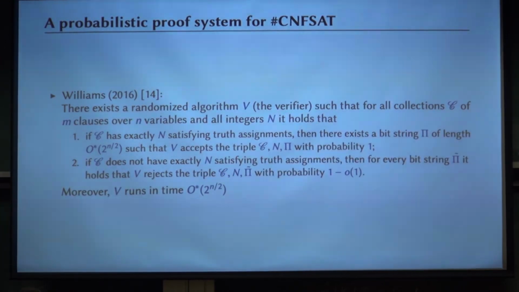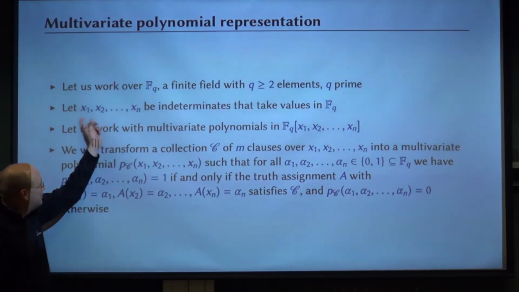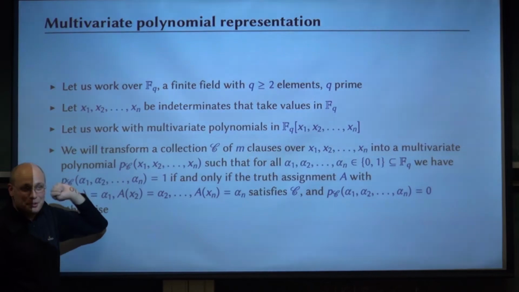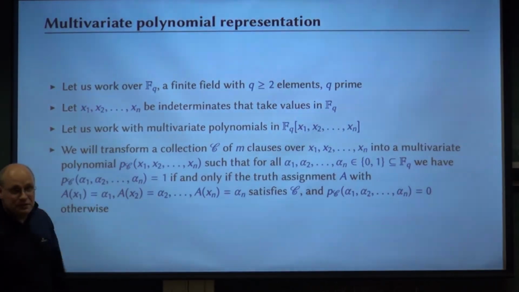So now let's try to develop the proof system. Now we get to polynomials, and we start with a polynomial that actually has multiple variables. So now we are a little bit outside of the box, in the sense that we view our initially Boolean variables now with a slightly extended domain. So pick your favorite finite field with Q elements.